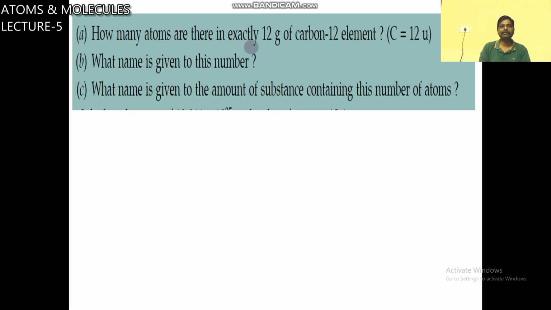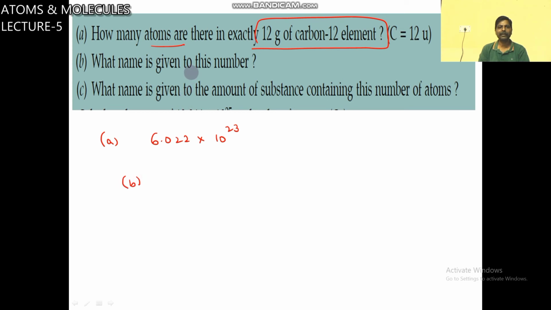Next question: how many atoms are there in exactly 12 grams of C12? By definition, 12 grams of carbon 12 means 1 mole. In 1 mole, how many atoms are there? 6.022 into 10 to the power of 23.